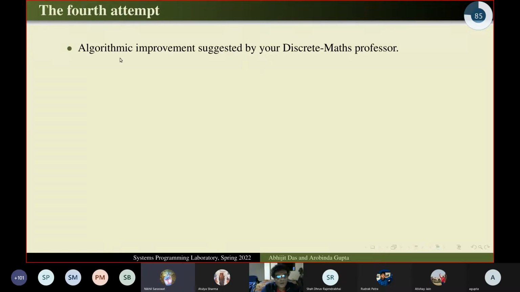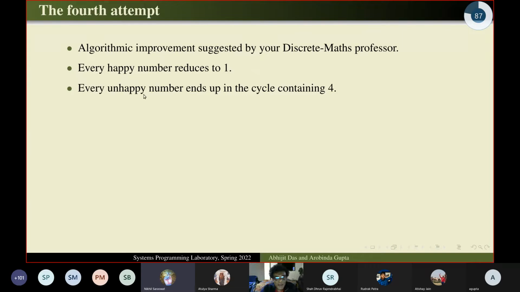So let's say an algorithmic improvement suggested by your discrete maths professor. The idea is something like this. Every happy number essentially reduces to 1 by definition, and every unhappy number ends up in a cycle. What is very important here is that every unhappy number ends up in the cycle containing 4.